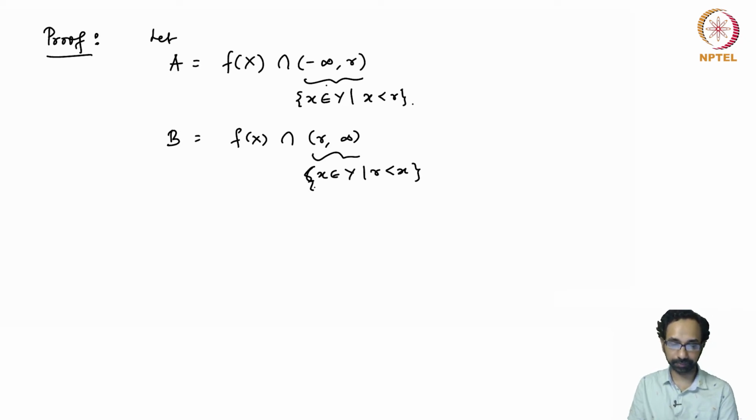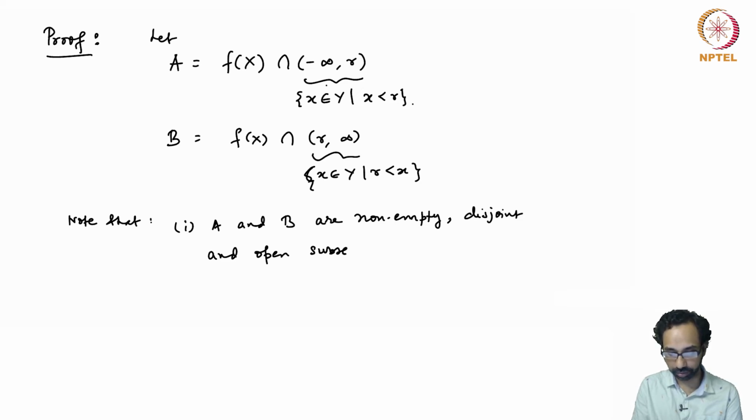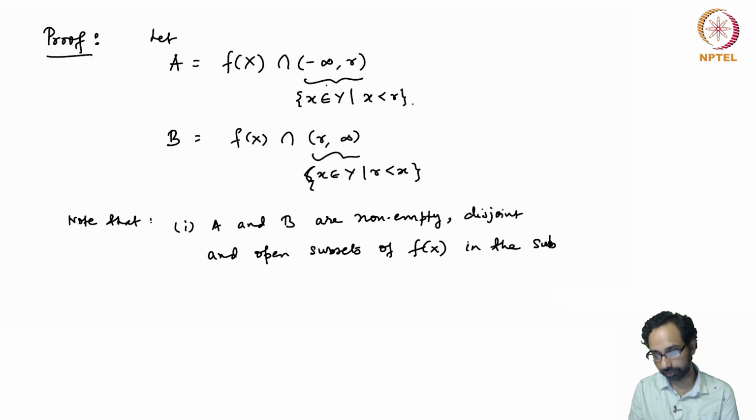Okay, so notice that A and B are non-empty, disjoint, and open subsets of f(X) in the subspace topology.